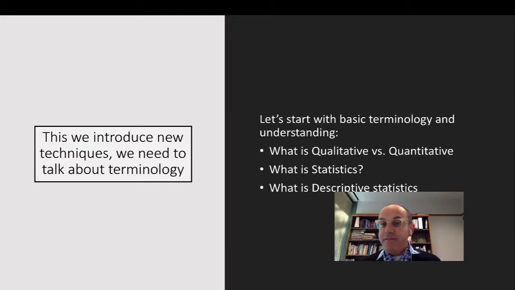But before we jump into more advanced techniques and understanding, we have to go back a little bit and talk about terminology. We are talking about statistics and about what descriptive statistics is. Those who already attended my class in advanced statistics and analytics are probably familiar with that.